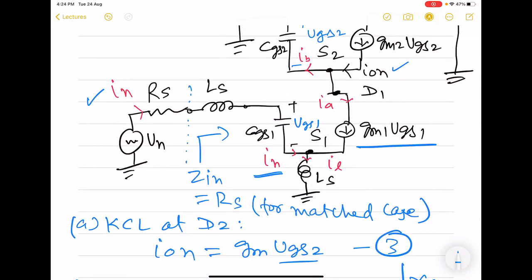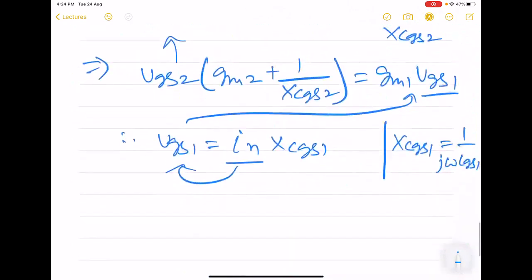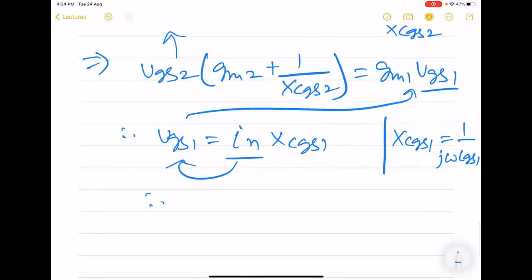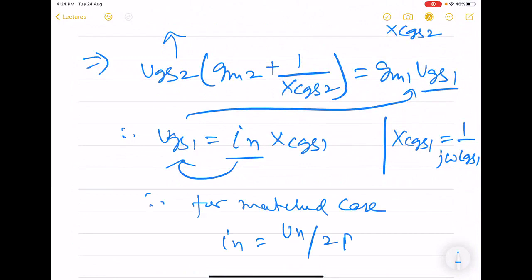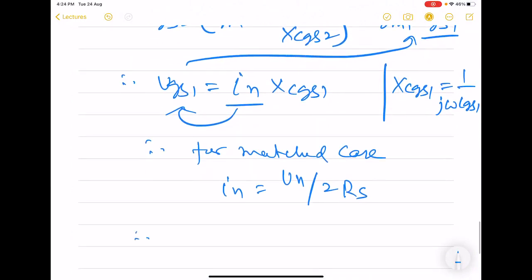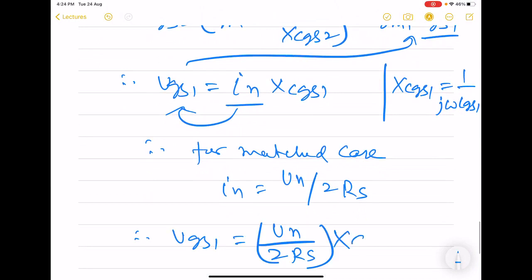So IN will be simply Vn divided by 2RS. Therefore, for the matched case, IN is simply Vn divided by 2RS. From here we find that VGS1 is Vn divided by 2RS into XCGS1.